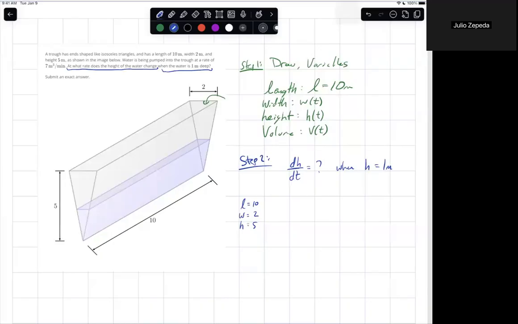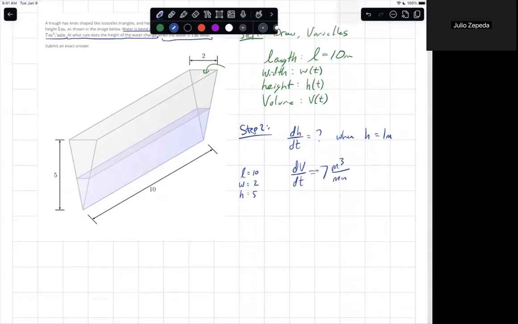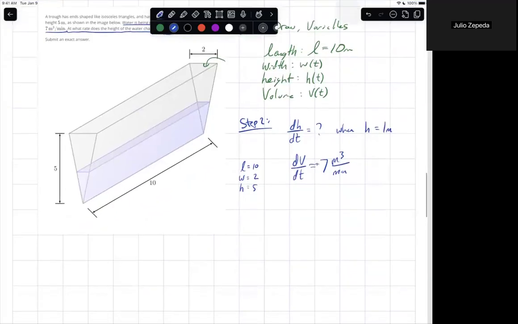And the other quantity that's given is dV dt. Water is being pumped into the trough at a rate of 7 cubic meters per minute. The units tell us that it's a volume divided by time. So dV dt is 7. I'll put positive 7 cubic meters per minute. Okay, so we've written all the information and the rate to be determined.